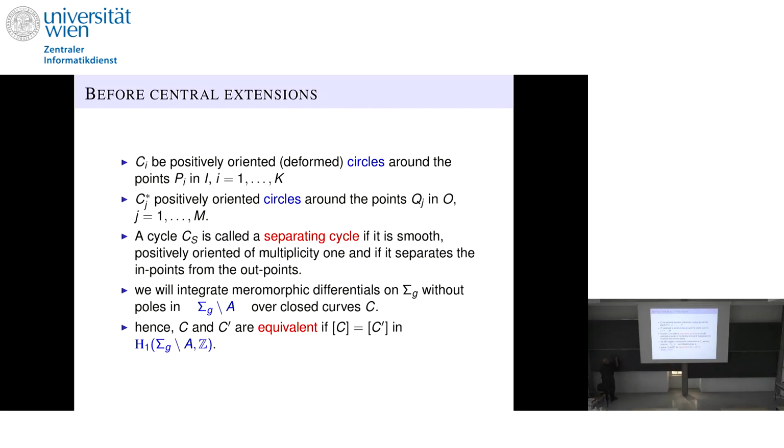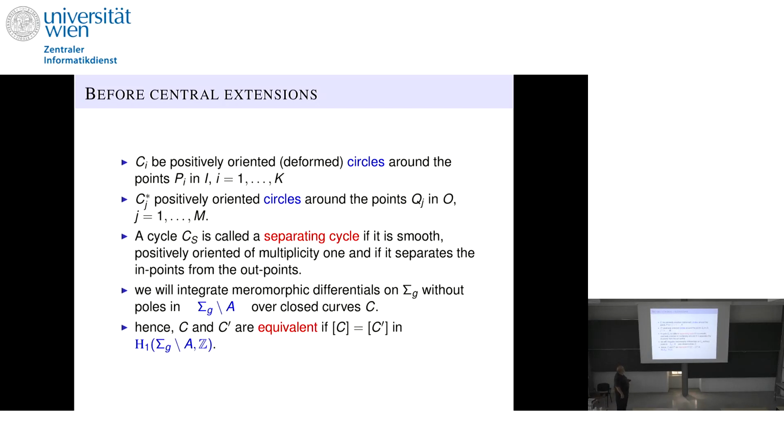This was this O or Q, and this was P1 and P2. A separating cycle would, for example, be this one, okay? It would also be this one. Because, you see, this has two components. It's not just an S1, so it could be many S1s and so on. It could be also this one, also S1. So this would be a separating cycle.